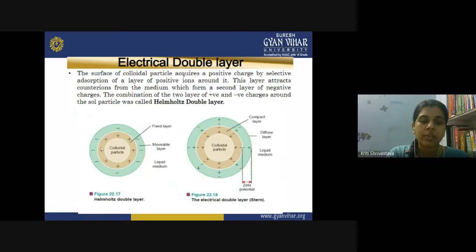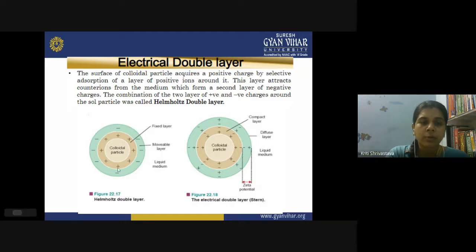They will also be present around the colloidal particles, and that is due to the simple electrostatic forces of attraction. So at the center I have colloidal particle. It is having adsorbed the positive ion on its surface, and that is why this will be a positive colloid. Okay, and all the counter ions present in the solution, they will form another layer around the colloidal particle.